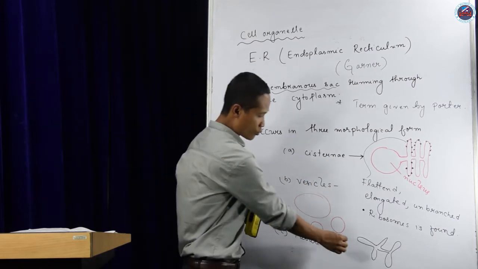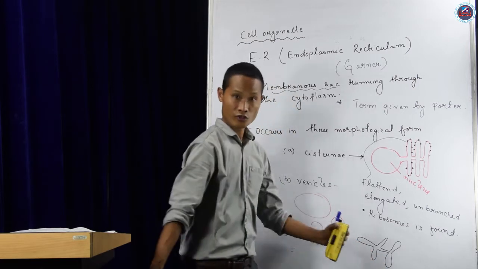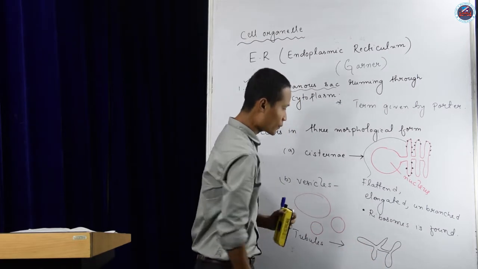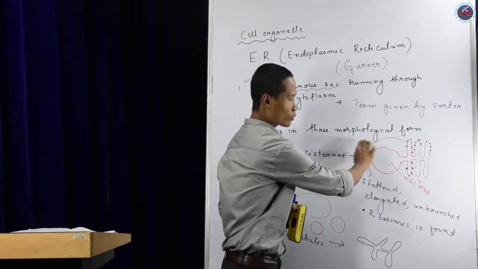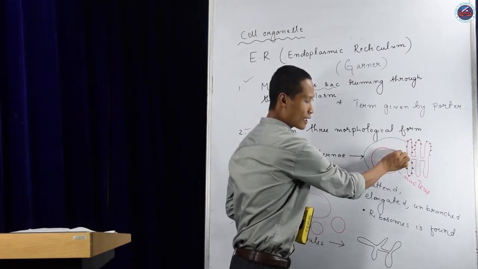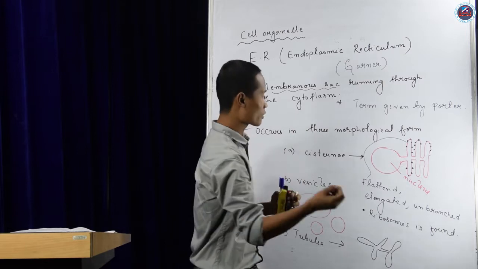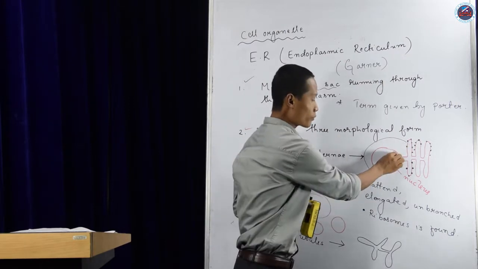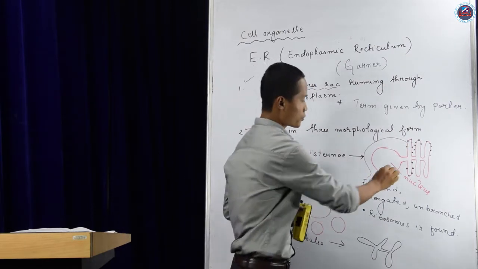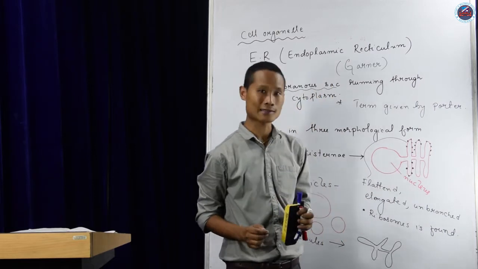The tubules are elongated. In cisternae, the most important point is that they are an extension, a protrusion from the nucleus, and they are responsible for protein synthesis.